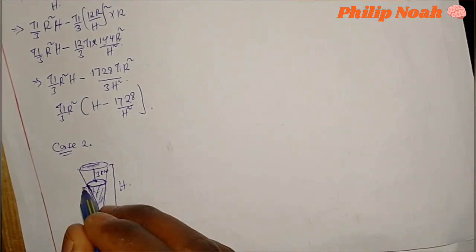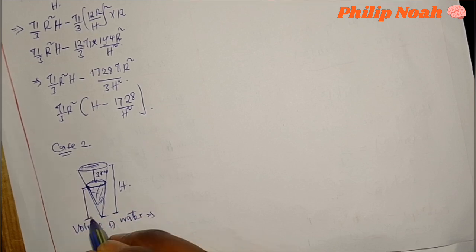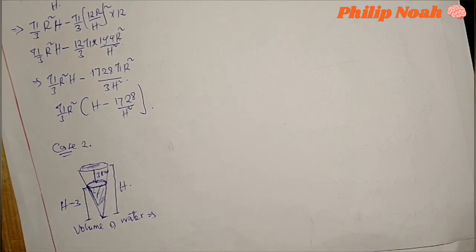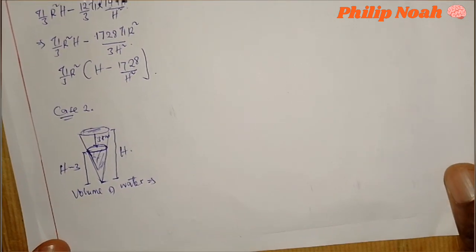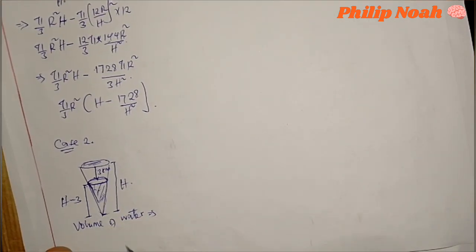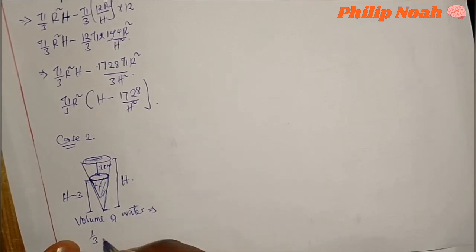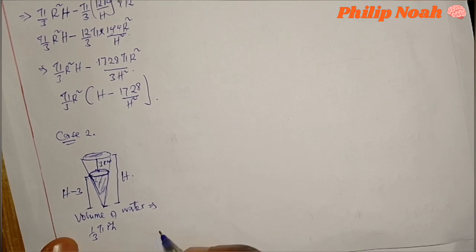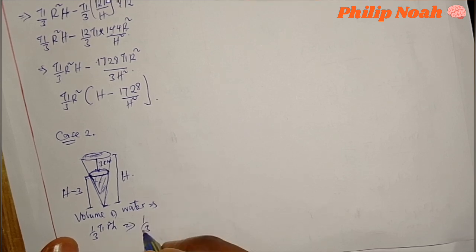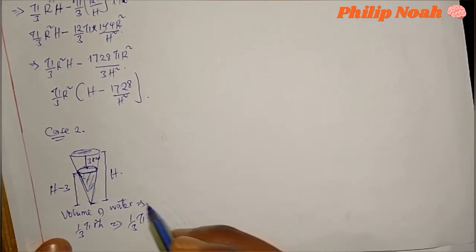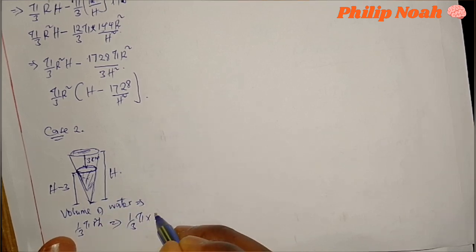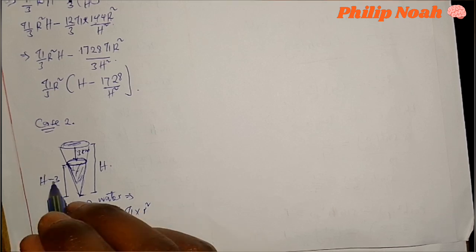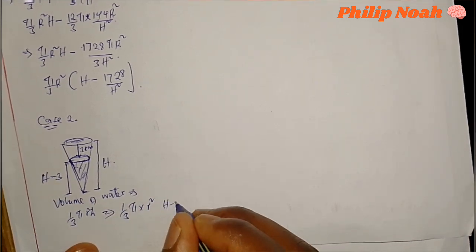So the height of this smaller cone will be H minus 3. H minus 3 will be the height of this cone. So the volume becomes a third pi r squared h, which is a third pi times the radius, that is R squared, times h. Our h is H minus 3.